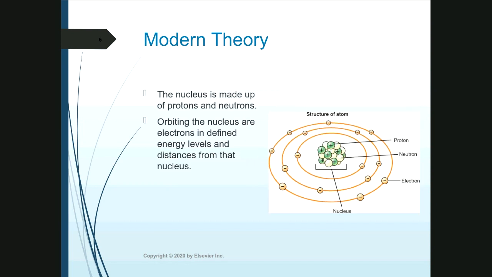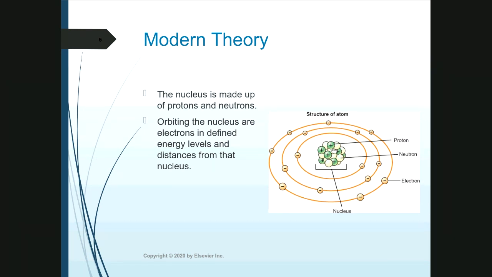When we look at an atom, again, realize that the nucleus is made up of protons, which have a positive charge, and neutrons, which have no charge. They're neutral, okay? And the bulk of that nucleus, while an overall positive charge, the amount of protons and neutrons actually make up the atomic mass.